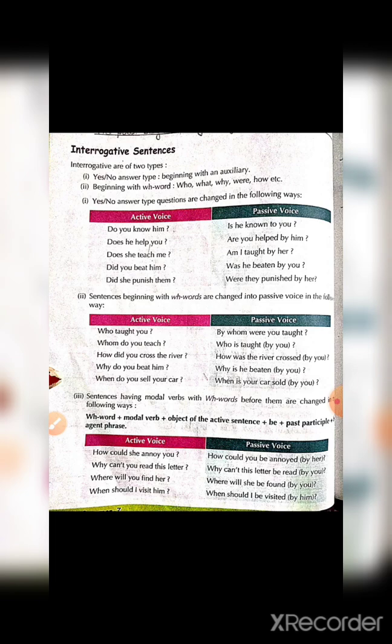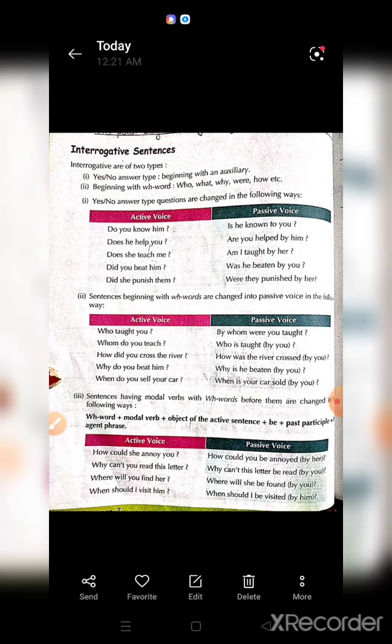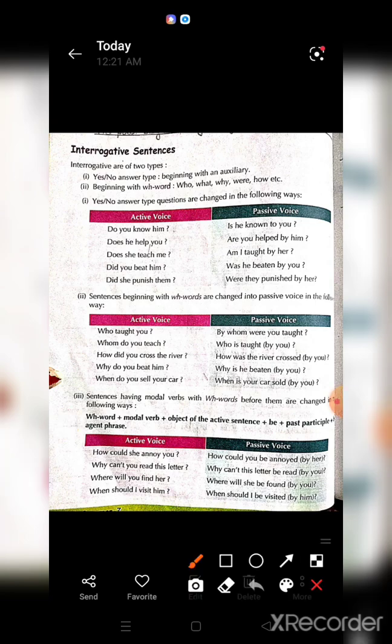Okay. Next is, did she punish them? So, were they punished by her? Okay. And in case of a WH question, everything will remain the same; only if the question starts with who, we will write by whom, and if there is whom in the active voice, we will write who.